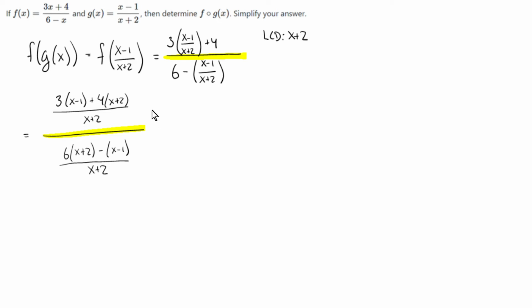We can now expand the numerators, multiply in the 3 and the 6, and combine like terms to simplify it. So we're going to get (3x − 3 + 4x + 8) over (x + 2) divided by (6x + 12 − x + 1) over (x + 2).